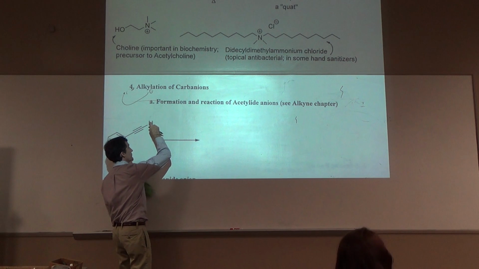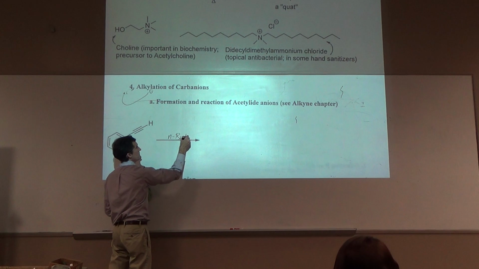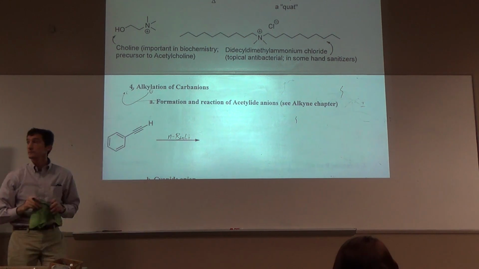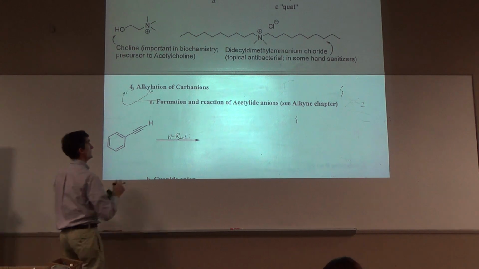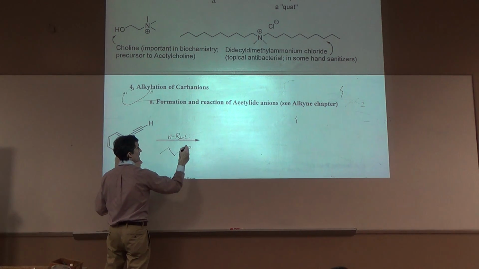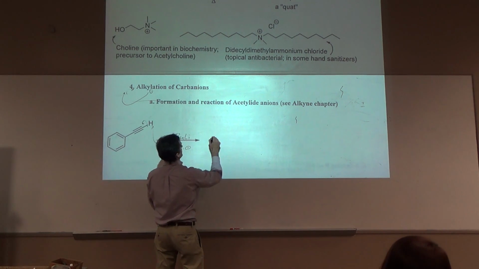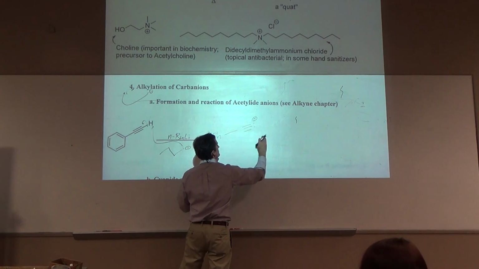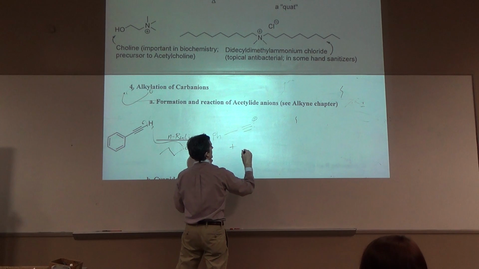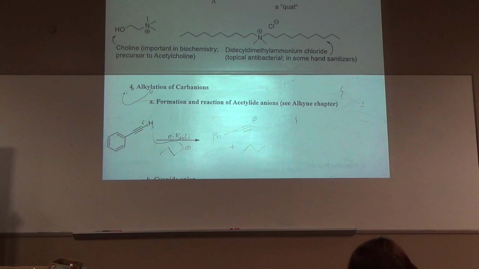What base can we use to remove that and make a carbanion? N-butyl lithium? What was the other one we used? Sodamide, NaNH2. N-butyl lithium, take the H, leave these behind. We get the phenyl plus butane. Through an acid-base reaction, we can get a carbanion.